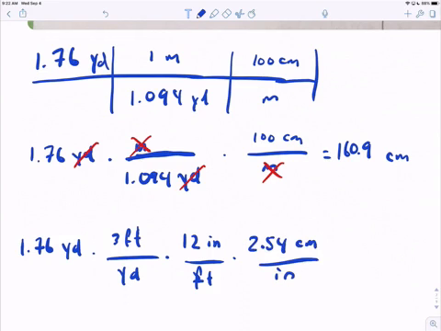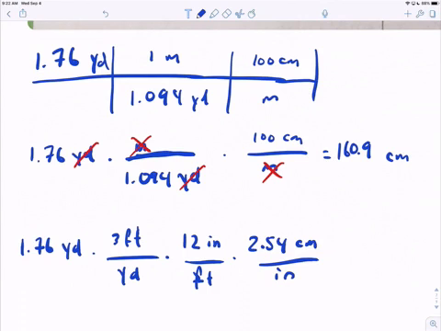And 2.54 centimeters in an inch is an exact number, so we define inches by the metric system. Notice yards cancel, feet cancel, inches cancel, and it's centimeters. These are all exact numbers as well.